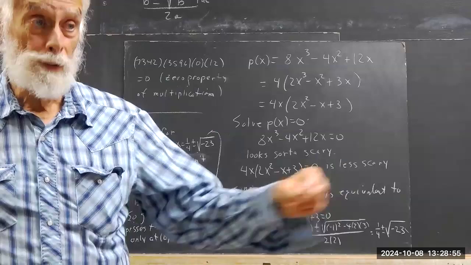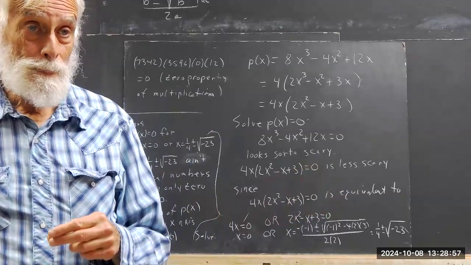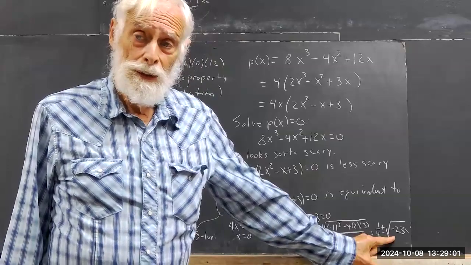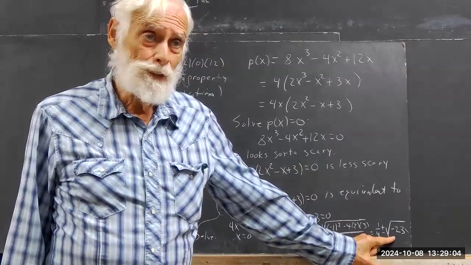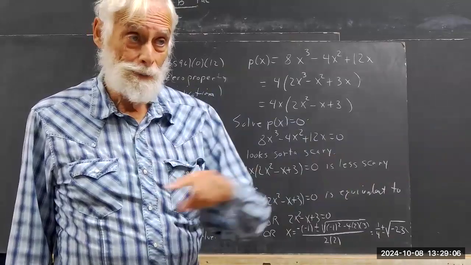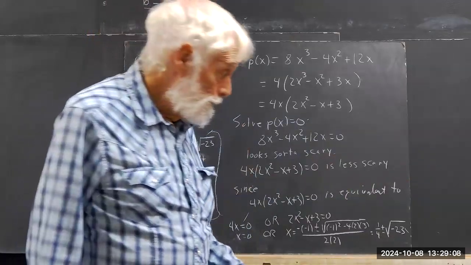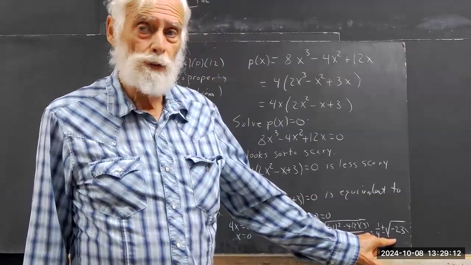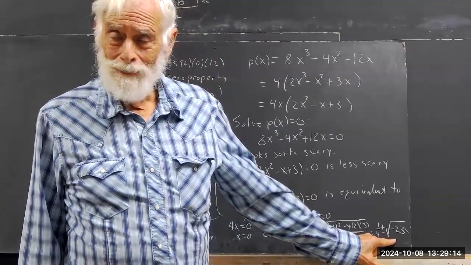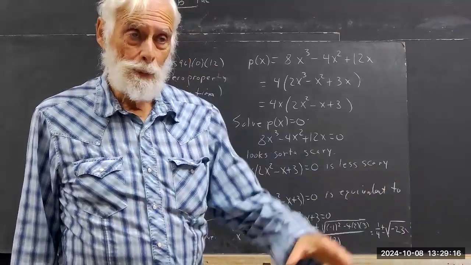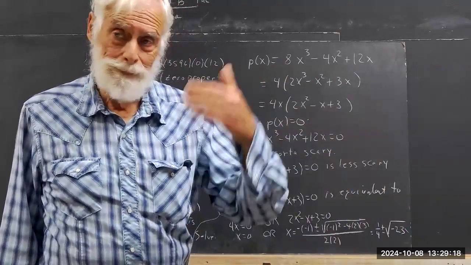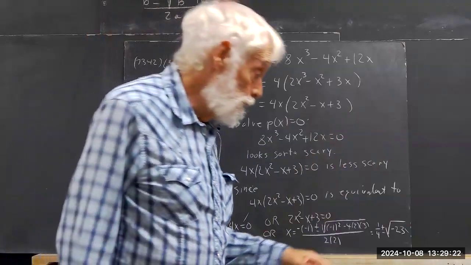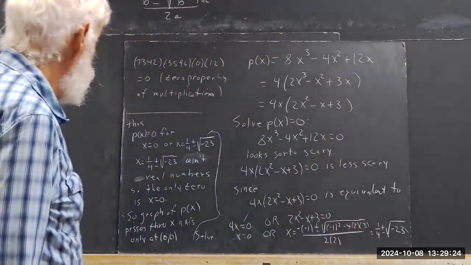The square root of negative 23 isn't a real number. It's not a number you can put on the x-axis. There's no number on the x-axis that when you square it would equal a negative. Any number on the x-axis squared is going to be positive, or if that's 0, you have to use the origin. So there it is.